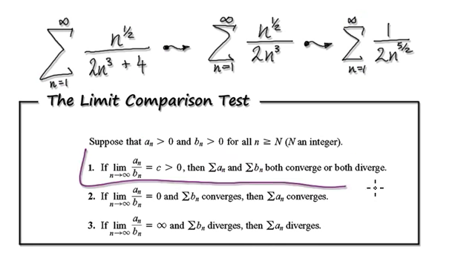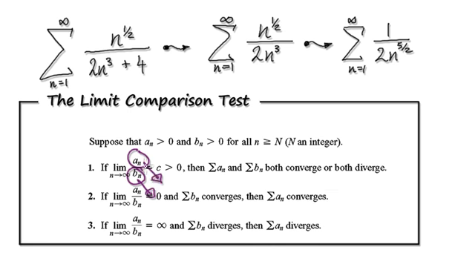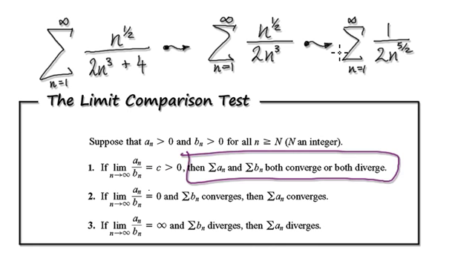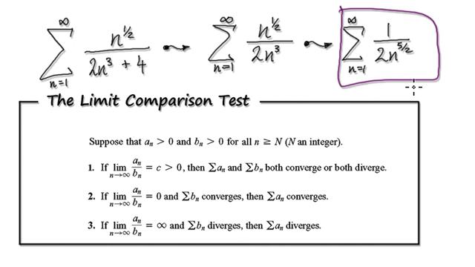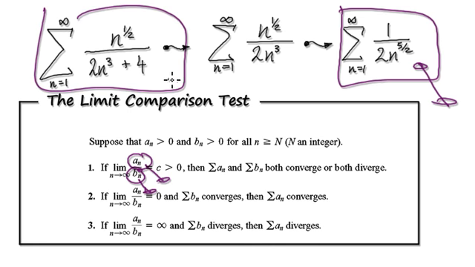Because it's saying here, if this thing converges, then the an will also converge. If this thing diverges, then an will also diverge. That's what it's saying here. We know that this is going to converge, so this thing here must also converge. So basically, our series here will converge. Okay.